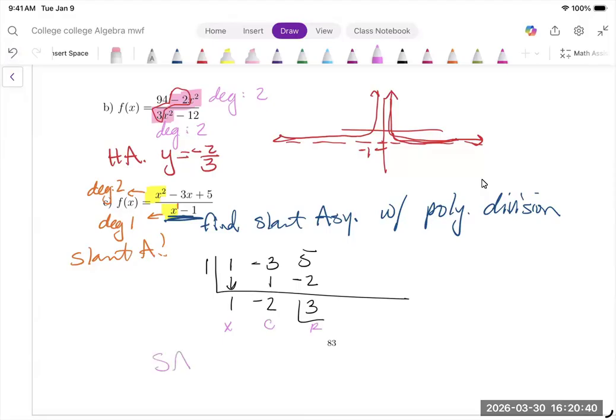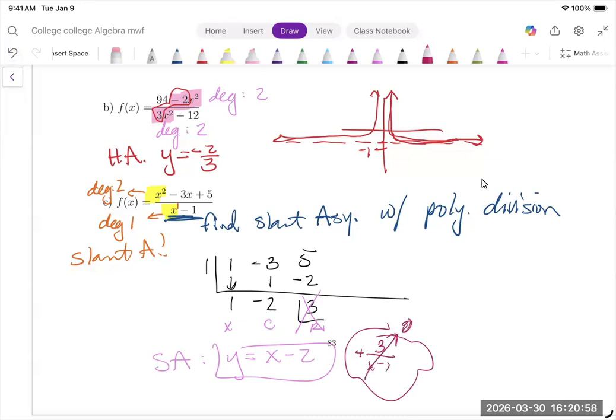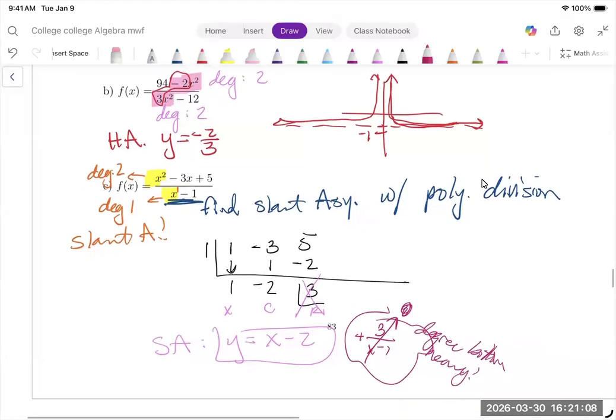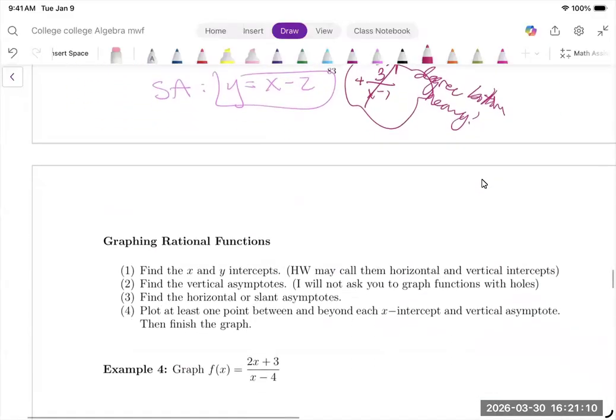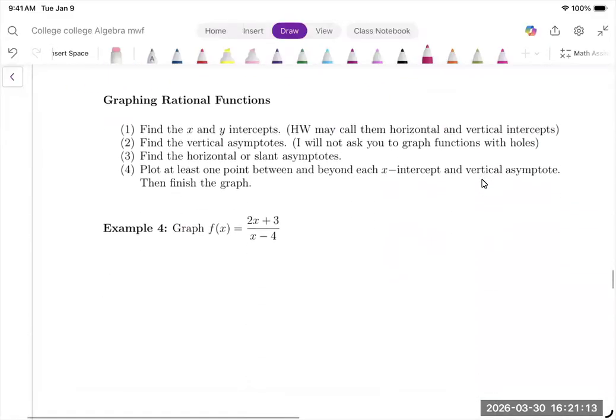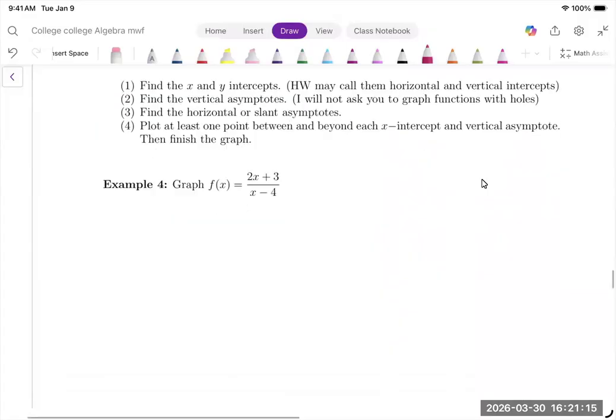So this says we have a slant asymptote of y equals x minus 2. And we get to ignore the remainder because it's too small. It would technically be plus 3 over x minus 1, but this goes to 0 for the same reason as it being degree bottom heavy. So you just ignore that portion of it. Then we'll pick up with graphing rational functions.